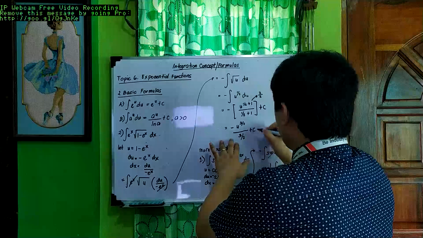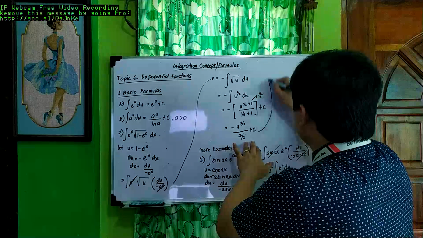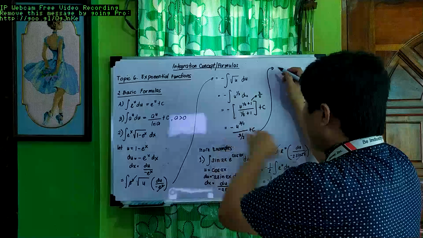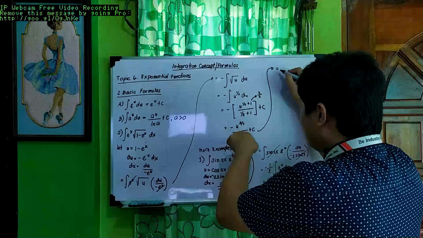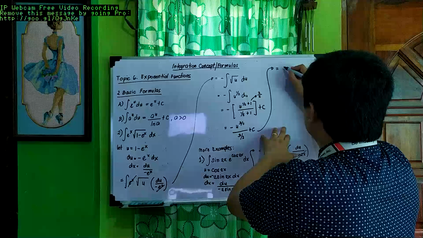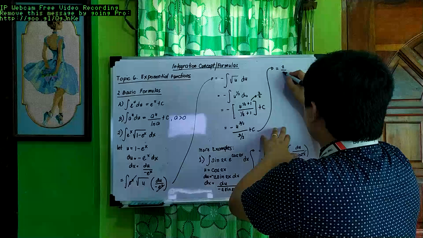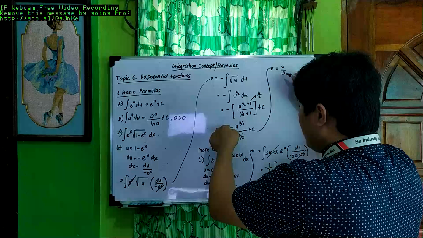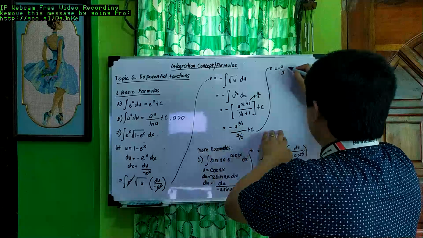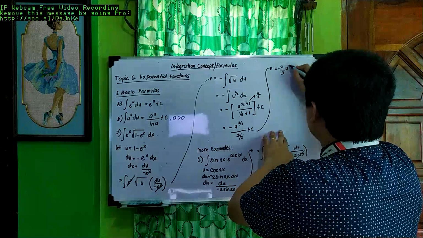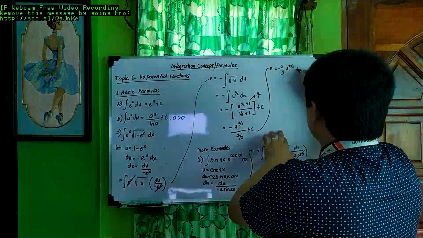So you have 3/2 plus c. And we are not yet done for a reason that we still have over u. So let's just put the 3/2 to 2 over 3 because when I transfer this one here, you have negative 2 over 3 u to the 3/2 plus c.